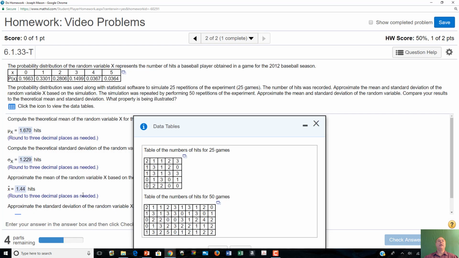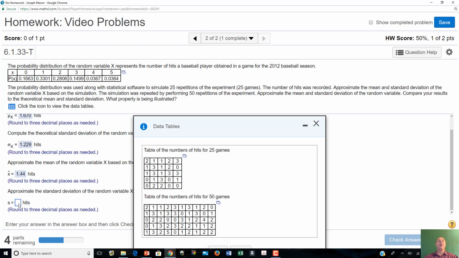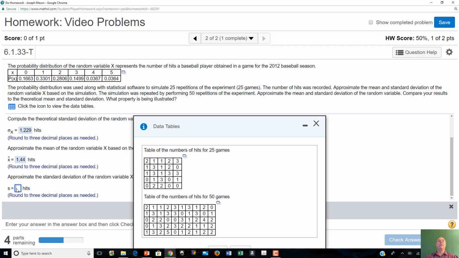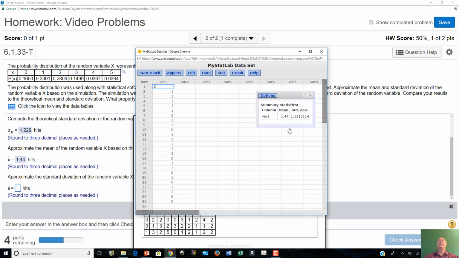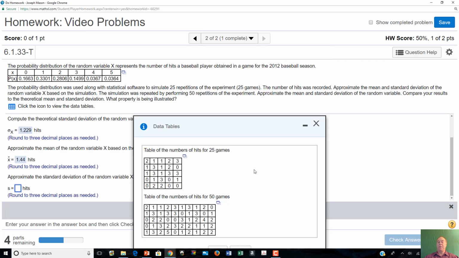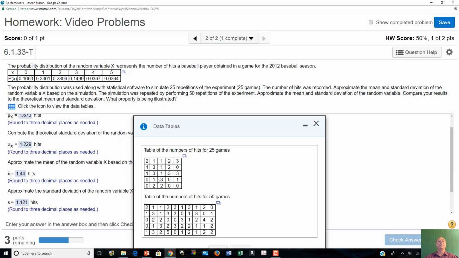Check answer, we're good. It also wanted the standard deviation, which I also had in my list, and the standard deviation was 1.121 because it wanted 3 decimal places. Check the answer, and we're good.